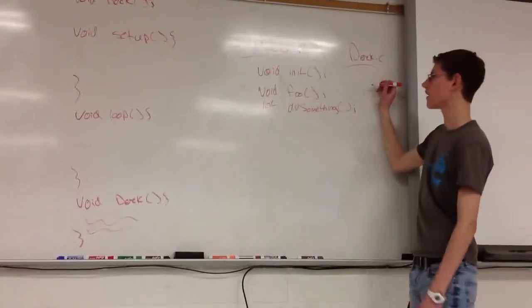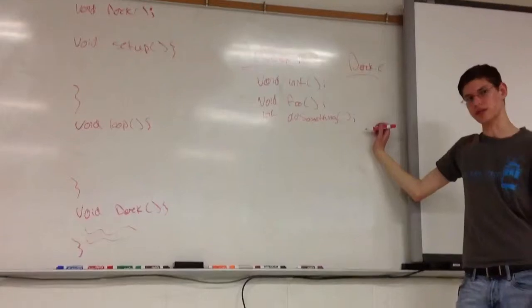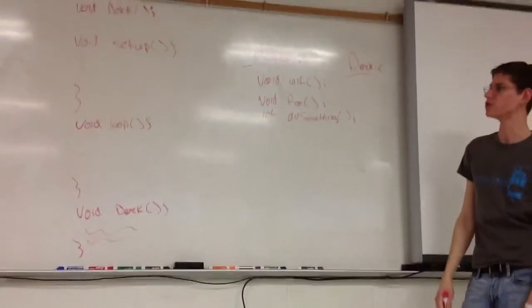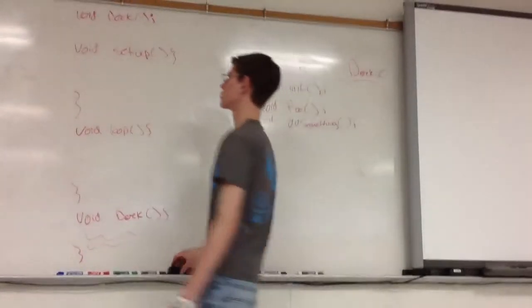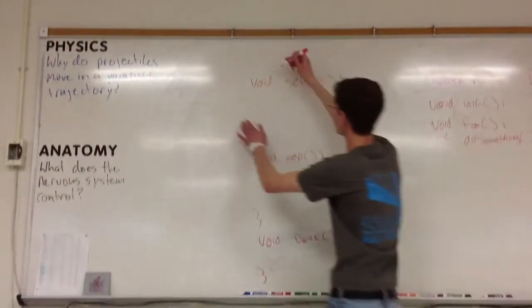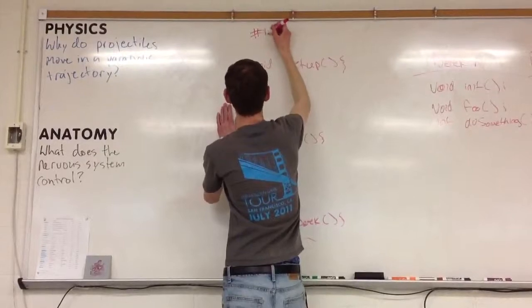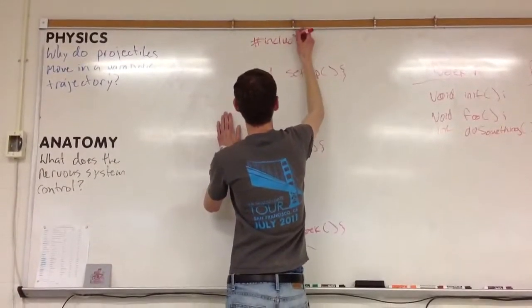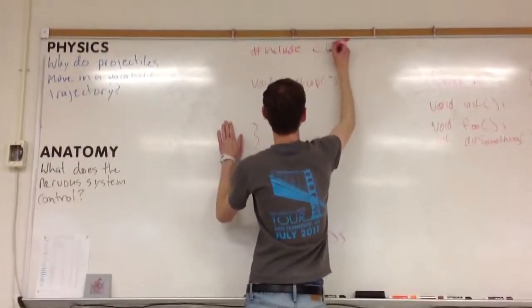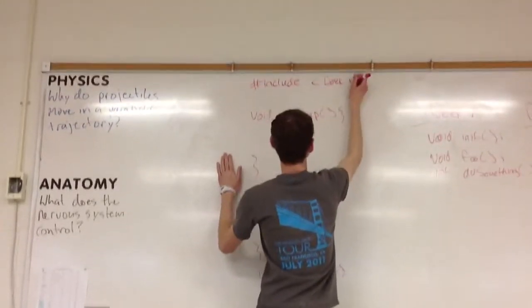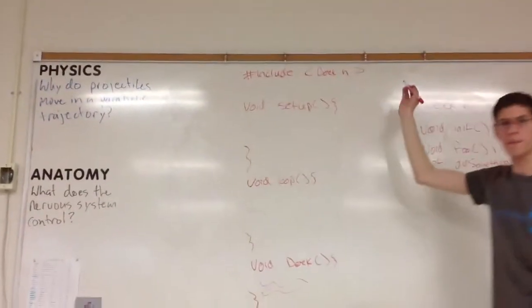And inside my C file, I would write all the definitions for my prototypes. And what I can do over here is use preprocessor directives. I'll say #include Derek.h. These are angle brackets, by the way.